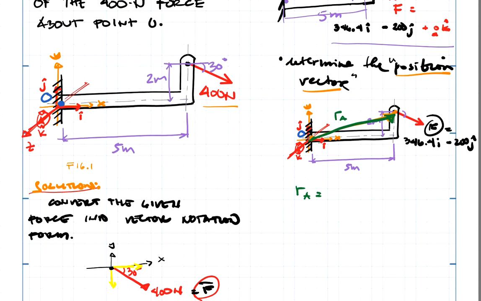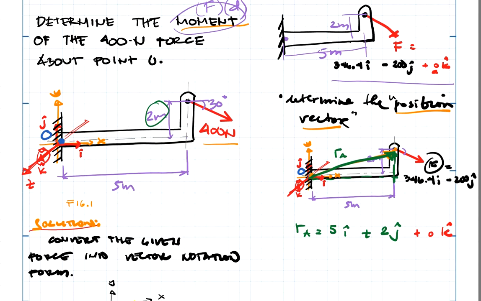Its i component is this part, just 5 meters i, and then the y component is positive, so plus 2 meters j, and of course again the k component is just 0.